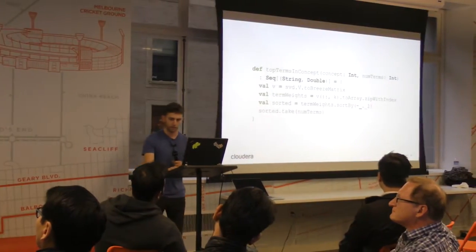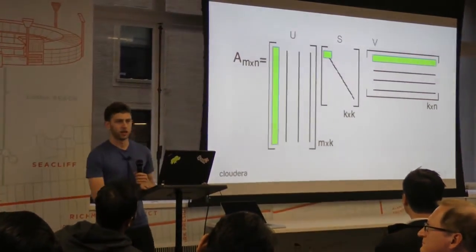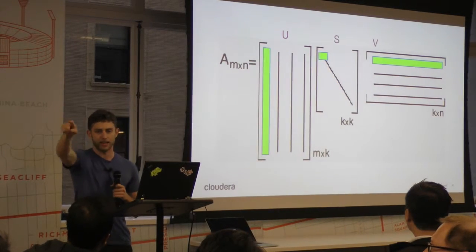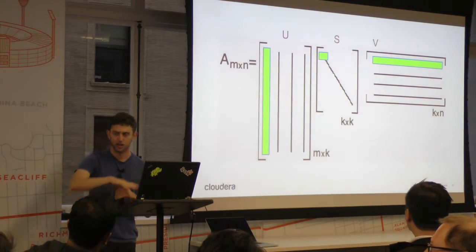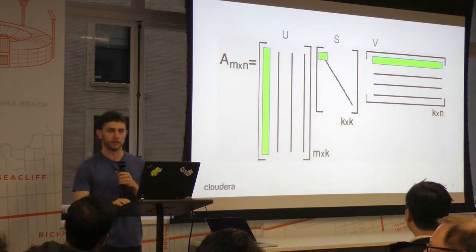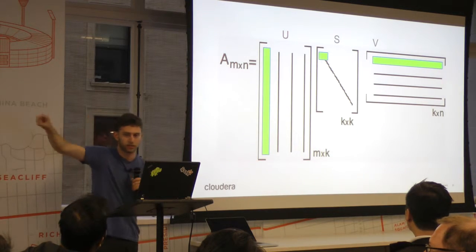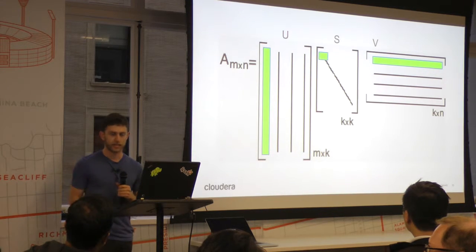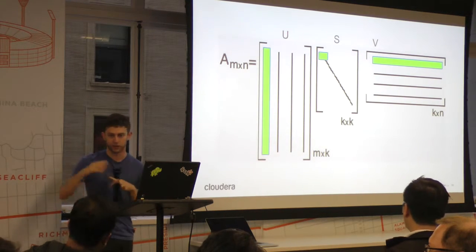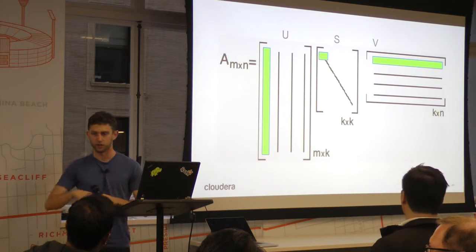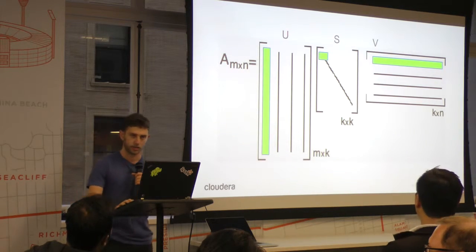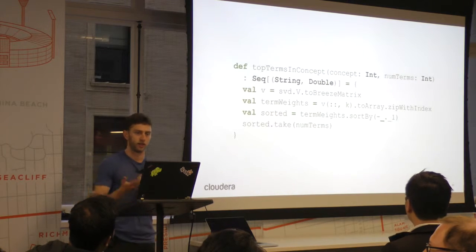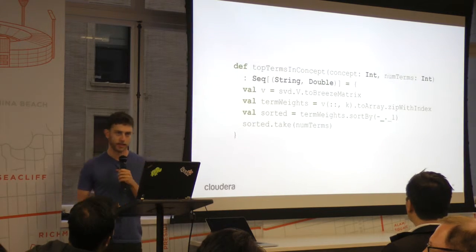If we're looking at the top words in the top concept, we want to look at that green bar, which is the top row of the V matrix, and that's going to have a set of numbers, and each number corresponds to a particular term. As you said, we take the numbers which are the highest, and we look at the terms for those numbers, and those are the most important terms to that concept. This is not really Spark code, it's Scala code that's doing exactly this.